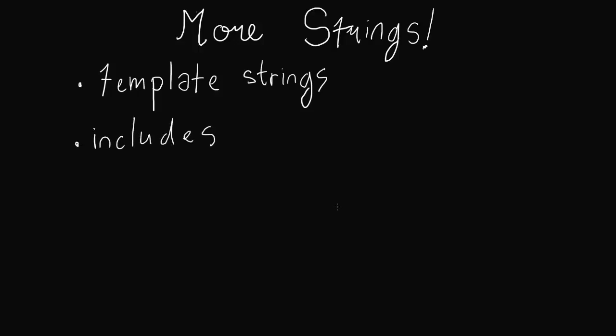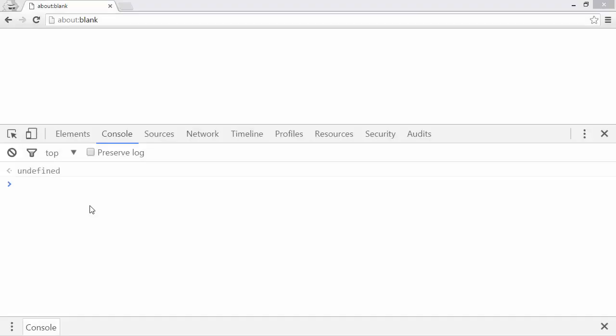We're going to learn about includes, or how to find out if a string is contained in another string. We're going to talk about the tricky matter of converting strings to numbers. It can be very tricky since it can't always be done. And if we have time, we'll include a little bonus material for you too. So let's get started.